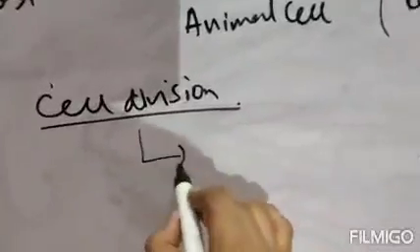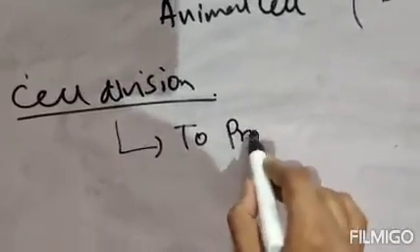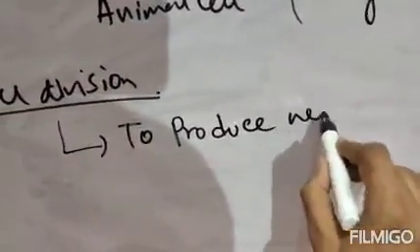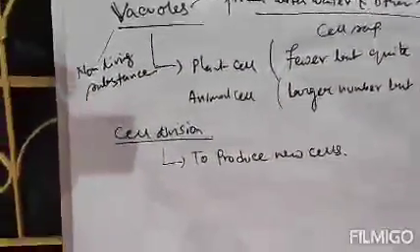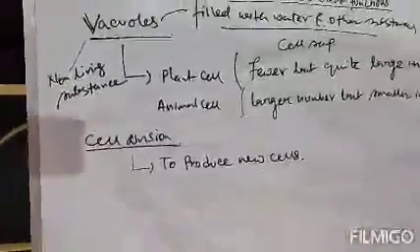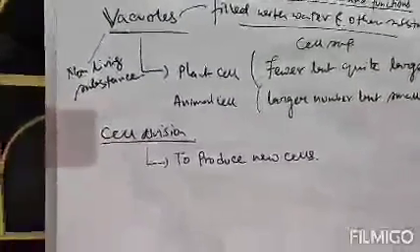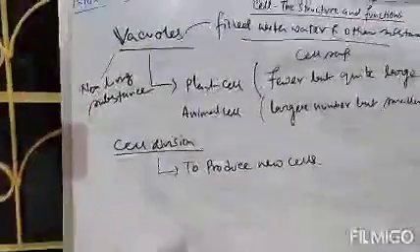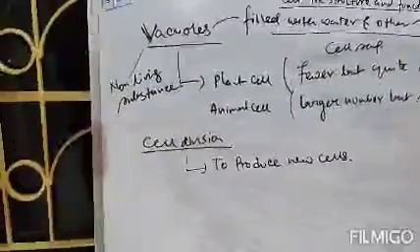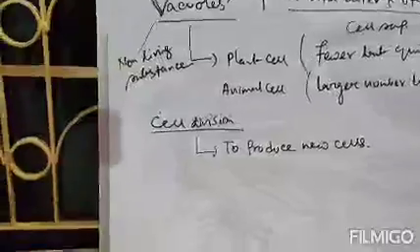Its main motto is to produce new cells, because cells will die after the lifespan, and we need new cells in place of those cells. Then cell division comes. Its main function is to produce new cells. It is a process to produce new cells.